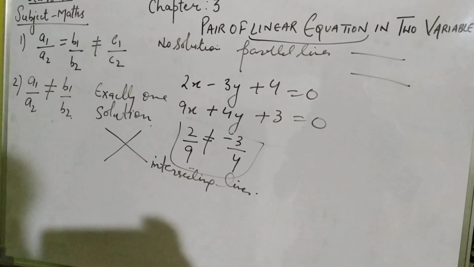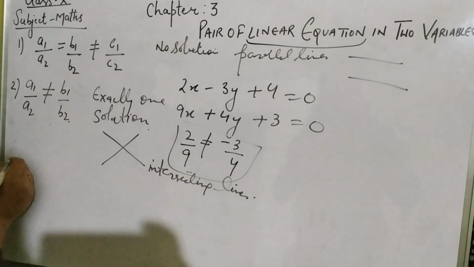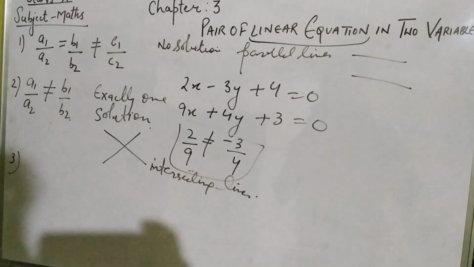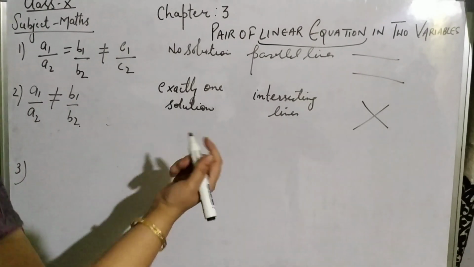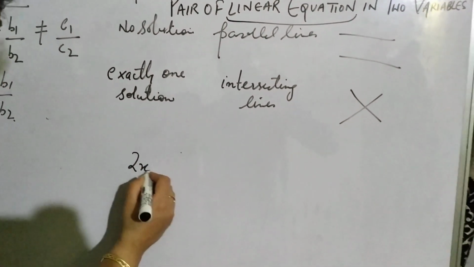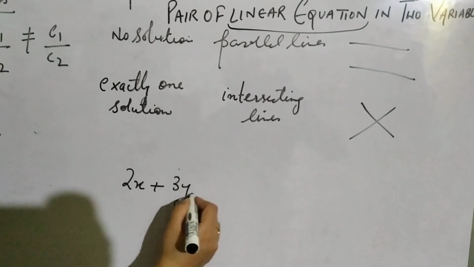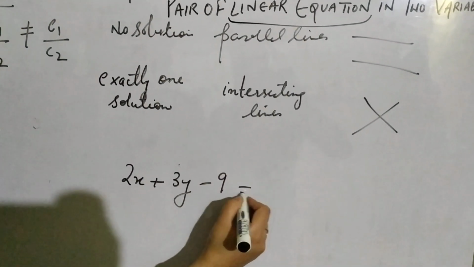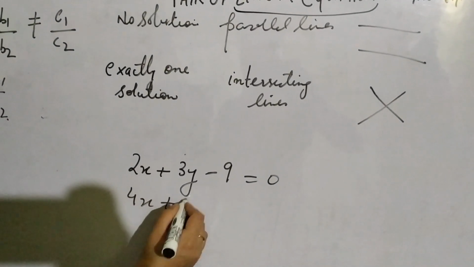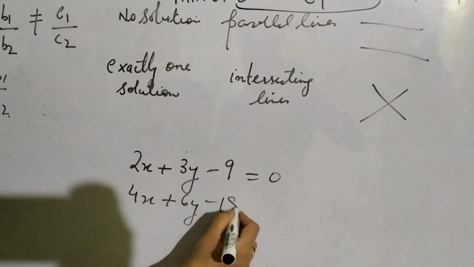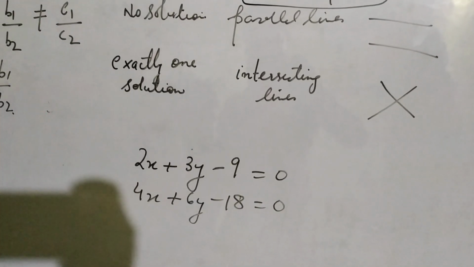Now the next example is 2x plus 3y minus 9 is equal to 0 and 4x plus 6y minus 18 is equal to 0, right?